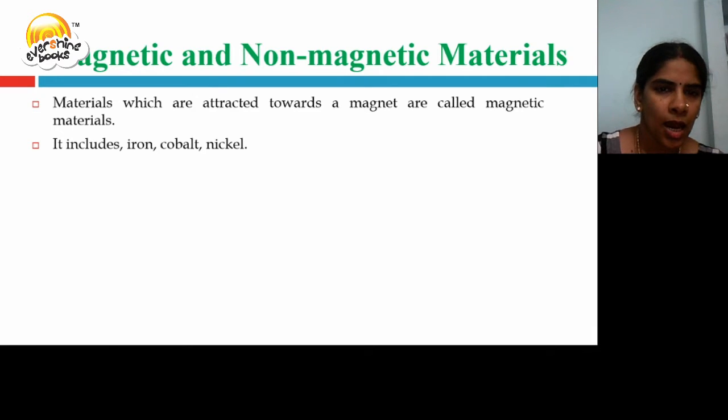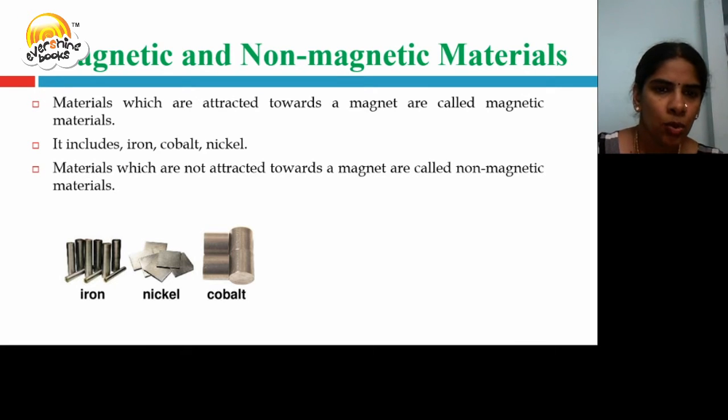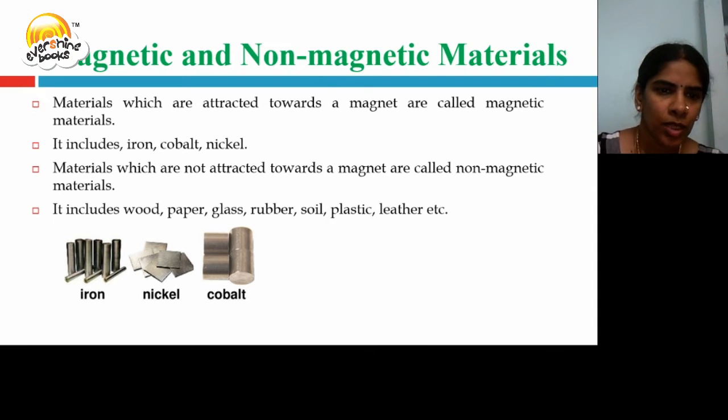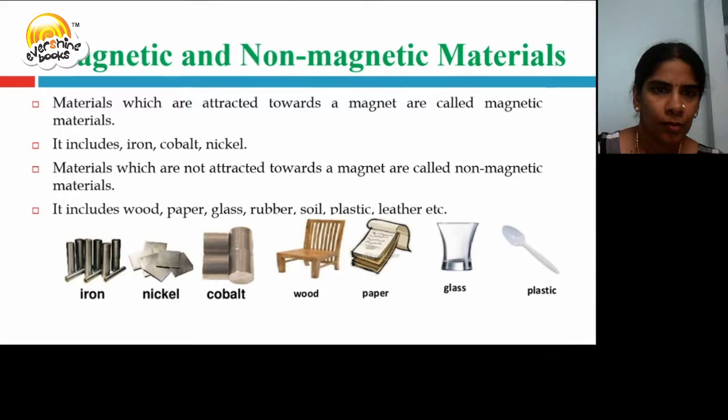It includes iron, nickel, cobalt. Materials which are not attracted towards a magnet are called non-magnetic materials. It includes wood, paper, glass, and plastic. We can also say rubber, soil, leather, etc.